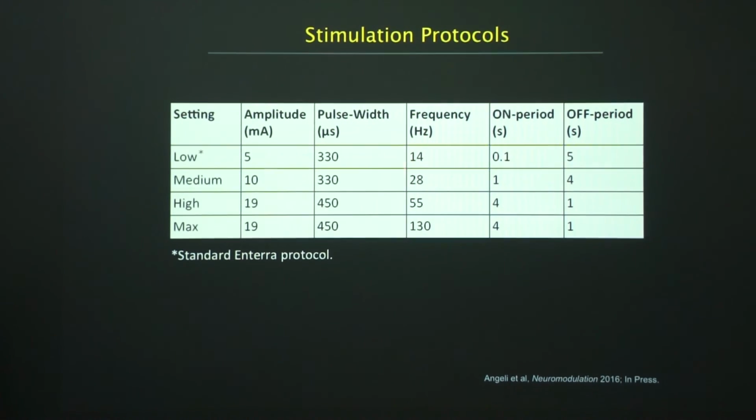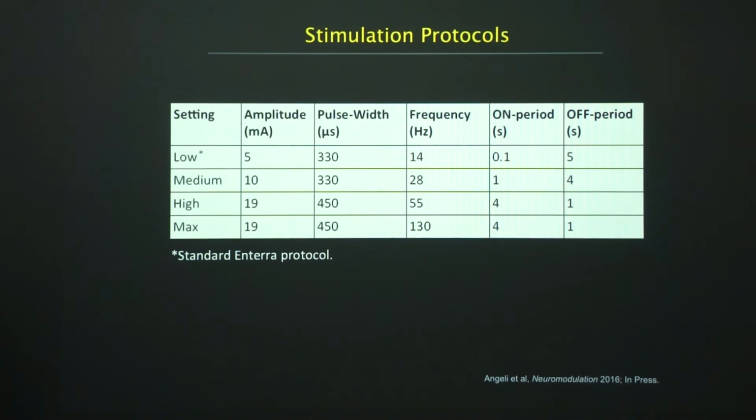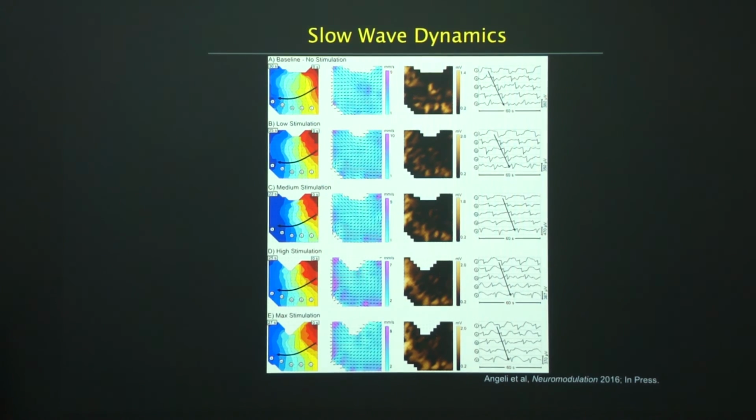Now, this stimulation is occurring at anywhere between 14 hertz and 130 hertz in the 4 different experimental protocols that we tested. So it's not designed to have a one-to-one correlation pacing the slow wave activity. And what we found was that there were no differences in slow wave activity between baseline recordings and any of the 4 stimulation settings that we tested.